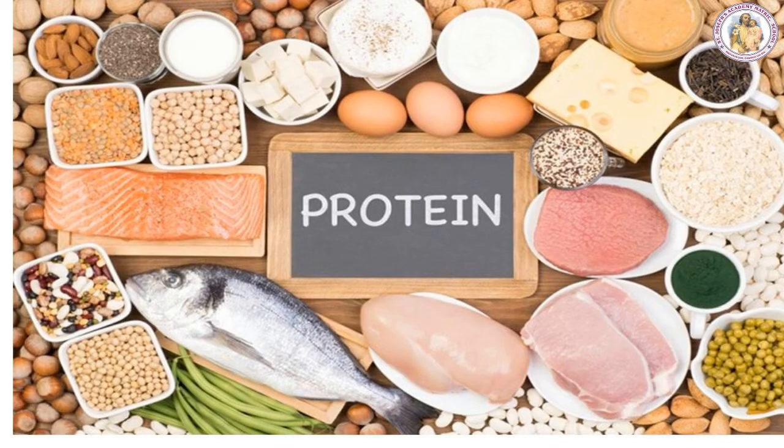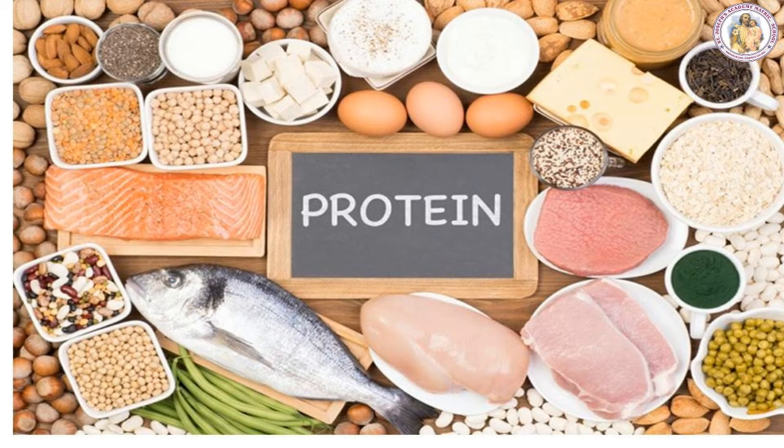It's an essential nutrient, the building block of the body. It is essential for the growth and repair of blood cells as well as tissues. Proteins are always made up of amino acids. These amino acids cannot be synthesized by the body and must be obtained from the diet.